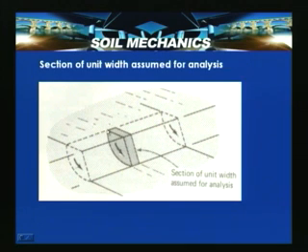If the weight is calculated in meters, then we calculate the weight of this section per meter width. This is considered because this type of structure illustrates a plane strain condition.